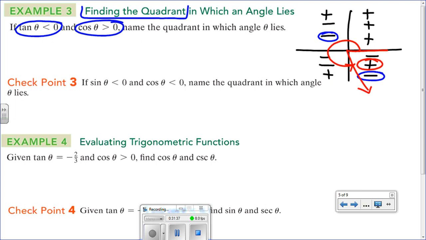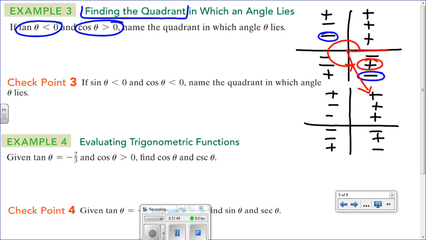Go ahead and construct your little symbol helper. Positive, positive, negative, negative. It's in the third one.